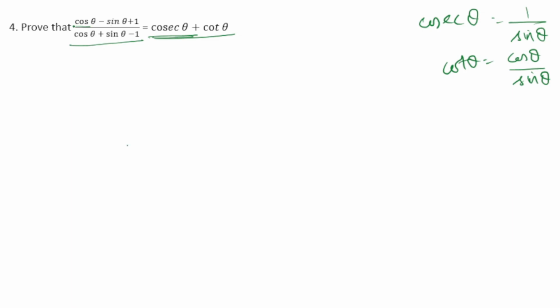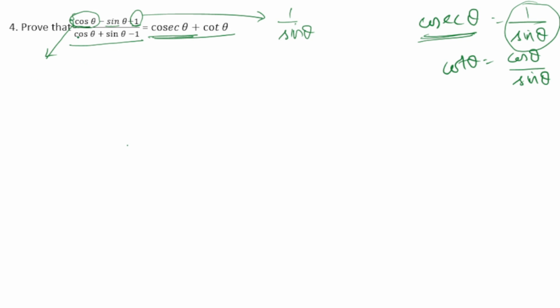See here in the left hand side we have cos theta, sin theta and 1. And how do we get cosecant theta here? It is inverse of sin theta. So if this 1 can be 1 by sin theta, we can get cosecant theta. And if this cos theta can be cos theta by sin theta, we will get cot theta.